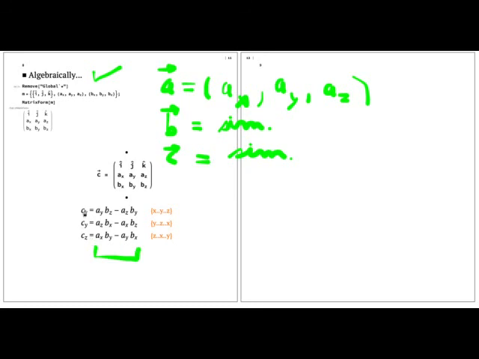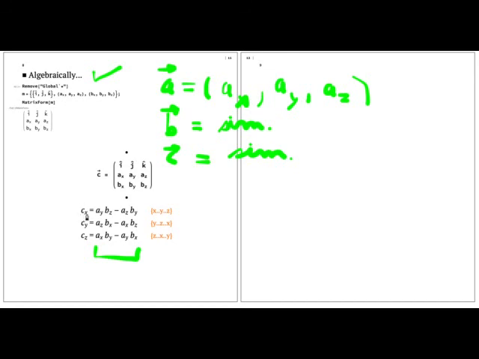So for example, C in the x direction is AyBz minus AzBy. C in the y direction is AzBx minus AxBz. Cz is AxBy minus AyBx. You see, it's a product of a component of A times a component of B minus another product of a component of A times a component of B. The two components are different coordinates, and that gives you the cross product in the third direction.